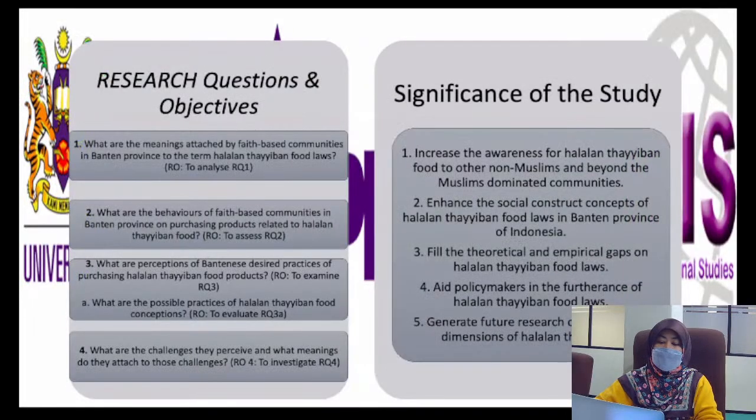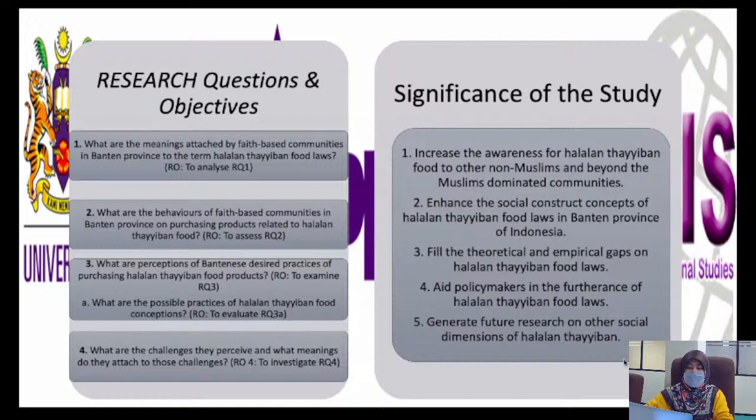Next, what are the perceptions of Bantenese of desired practices of purchasing Halalan Toyyiban food products? The objective, to examine the perception of Bantenese of desired practices of purchasing Halalan Toyyiban food products. And the sub-question is, what are the possible practices of Halalan Toyyiban food conceptions?